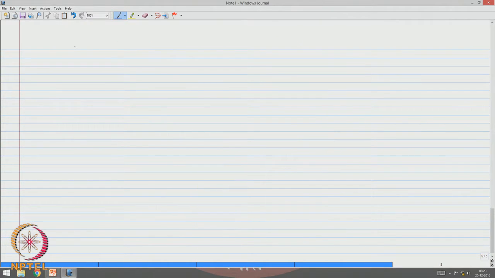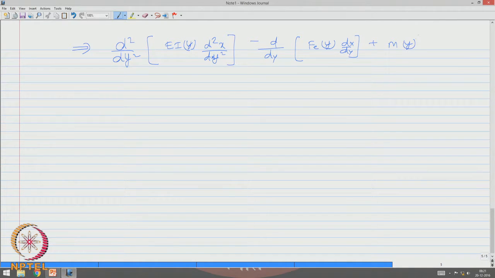Hence, let us rewrite this equation as d square by dy square of E I, a function of y, d square x by dy square, minus d by dy of F E, that is an effective tension, of dx by dy, plus m, mass per unit length, which is also a function of y, x double dot, can be now said as f x s of x, y and t.